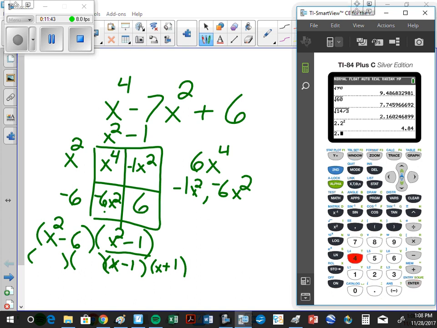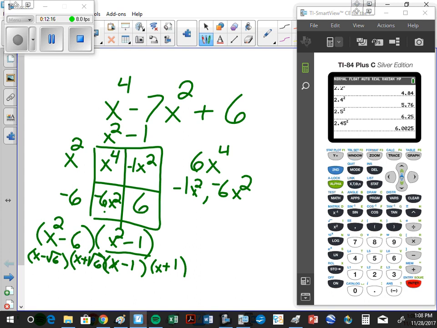Nope. 2.4. 2.5 squared, that's a little too big, so 2.45. How would we find the number that you multiply by itself and get 6? It's the square root of 6, right? What number times itself is 6? Really easy. It's just the square root of 6. So we can write x minus root 6 and x plus root 6.